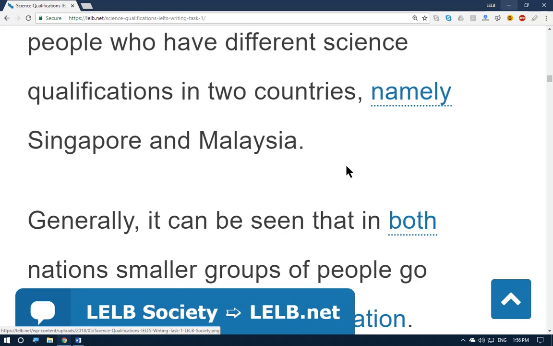The first or introductory paragraph of the IELTS writing task 1 is a kind of repetition of the whole information that has been specified in the graph. So you just try to create and reflect the first impression of the visual data.